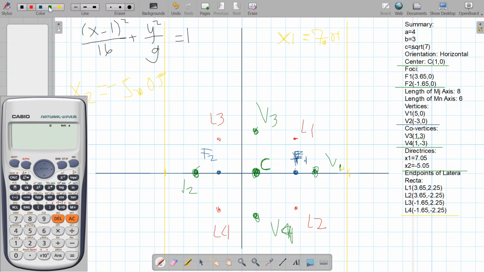Actually, we can now draw the ellipse. Let's use black. Okay, so we just need to connect the L's. Okay, the L1, L3, L4, L2, L4, L3. Then we also need to connect the V's. So V and L's. Okay, so here. I'll connect it here. Okay, then connect it here. Okay, so take note that it's a curve.